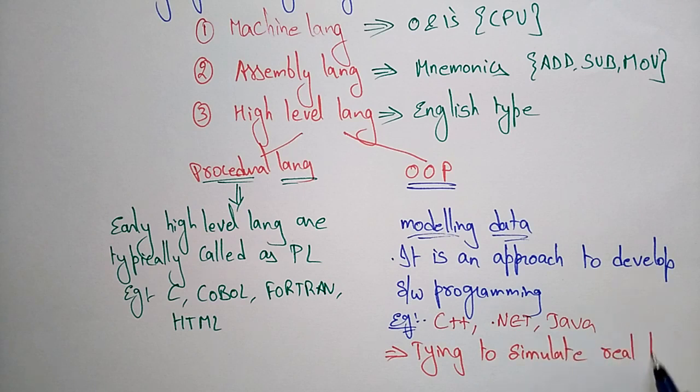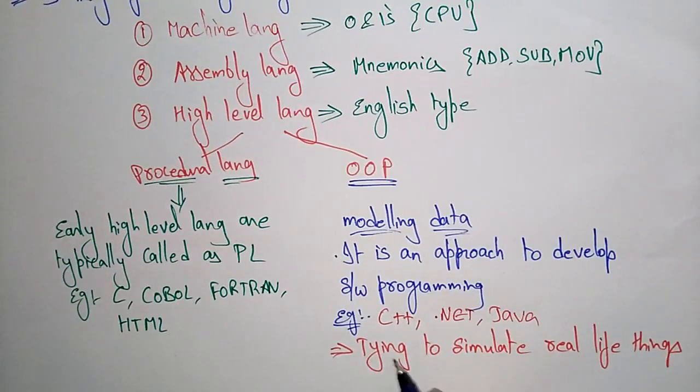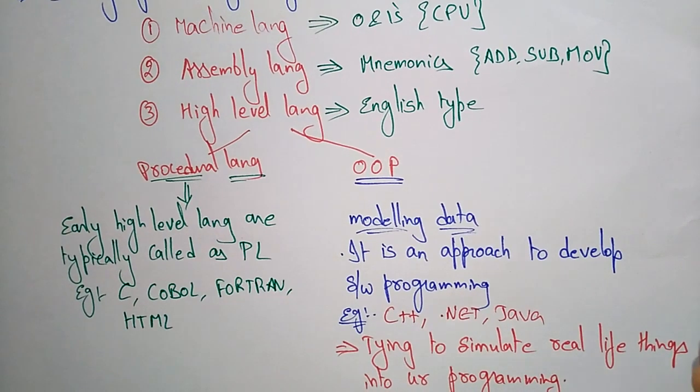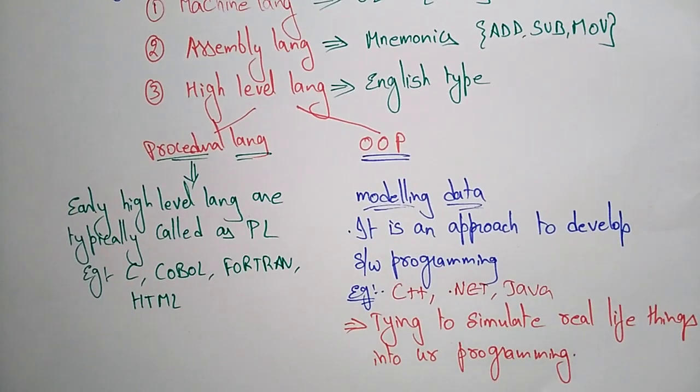Whatever the real life things are, they are brought into your programming. Everything is focused on the real life things, real life objects. So object oriented programming is focused on real life things.